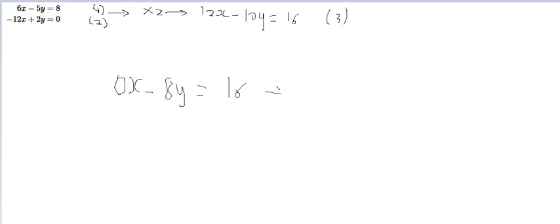To simplify, it just becomes minus 8y equals 16. Solving this algebraically, y is equal to minus 2.